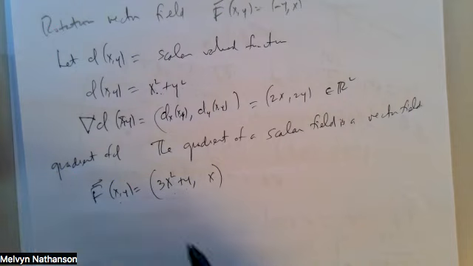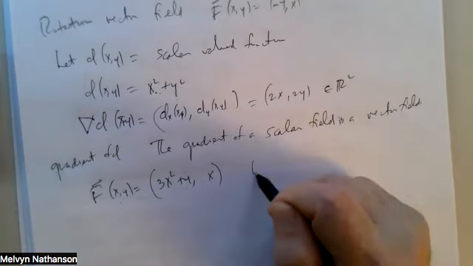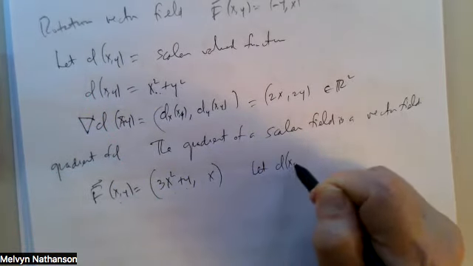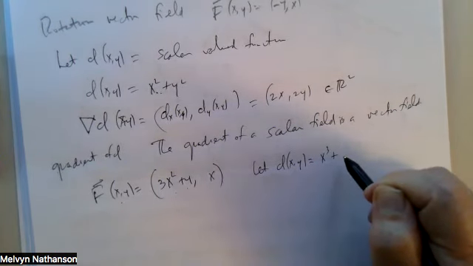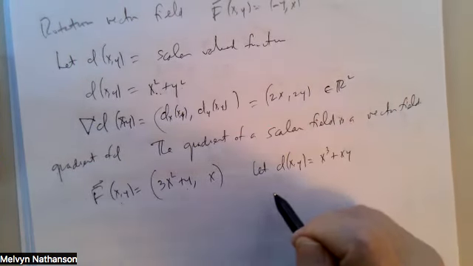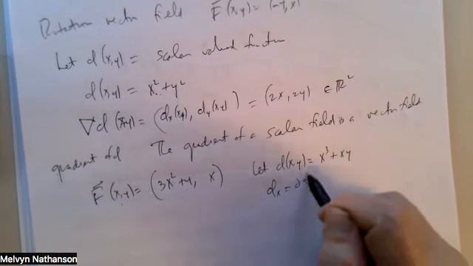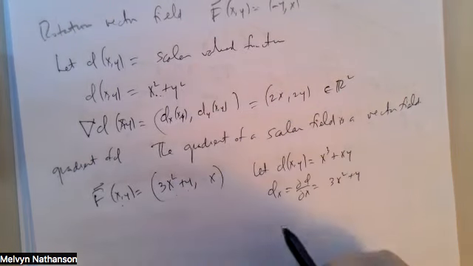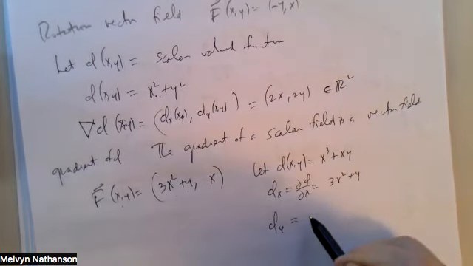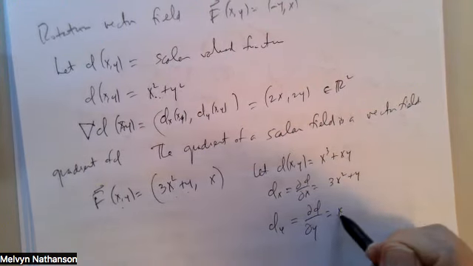And I claim this is the gradient of a function. If we let phi of x y be the scalar field x cubed plus x times y, the partial derivative of phi with respect to x is 3x squared plus y. And the partial derivative of phi with respect to y is x.